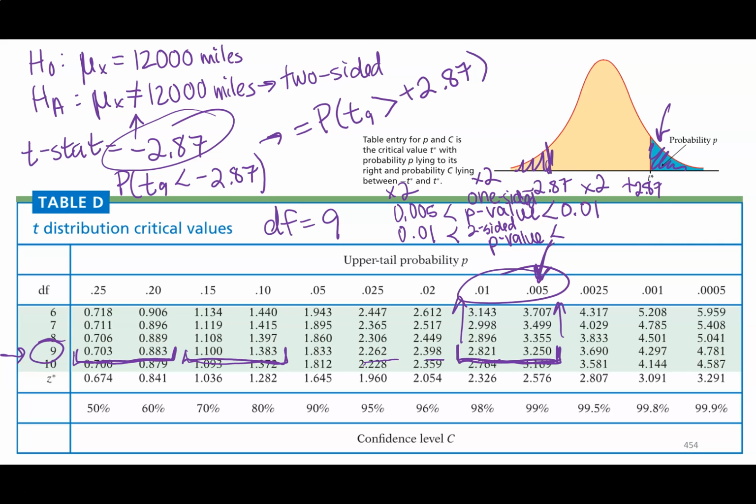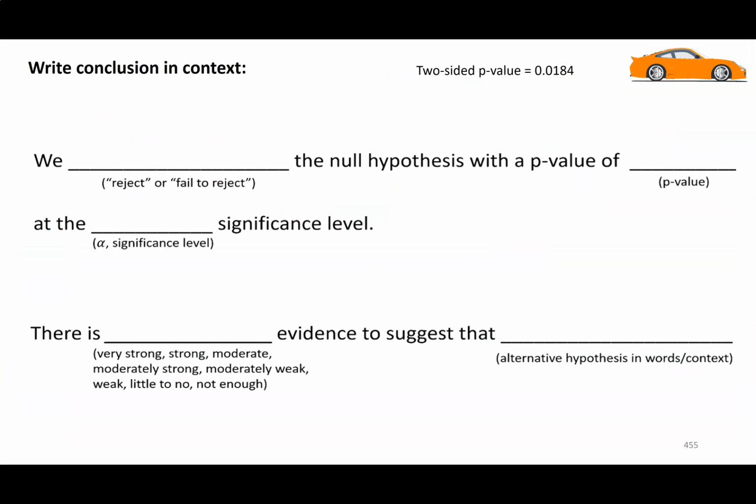And then 0.01 times 2 is 0.02. So my two-sided p-value is going to be between 0.01 and 0.02. I don't know exactly what it is, but it's between those two values. Specifically, when I plug it into a calculator, you can find a more exact p-value.